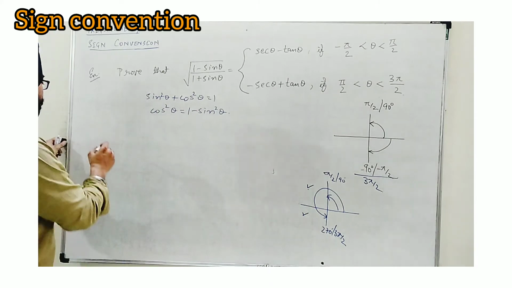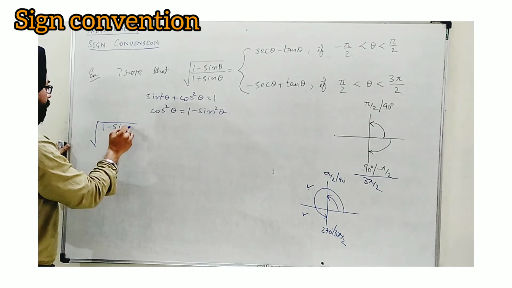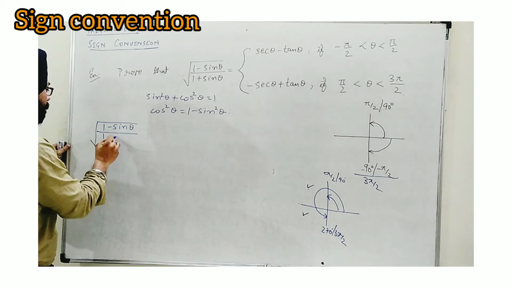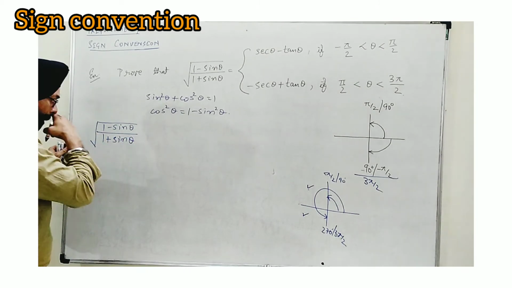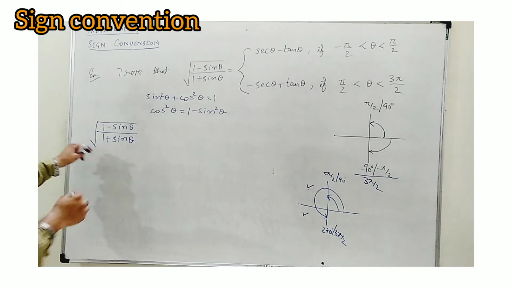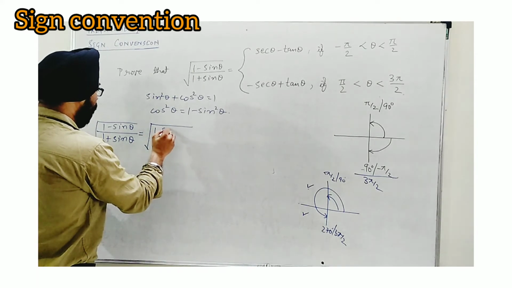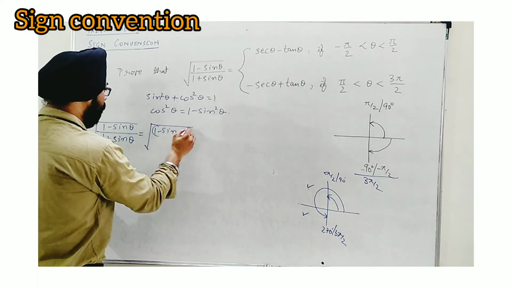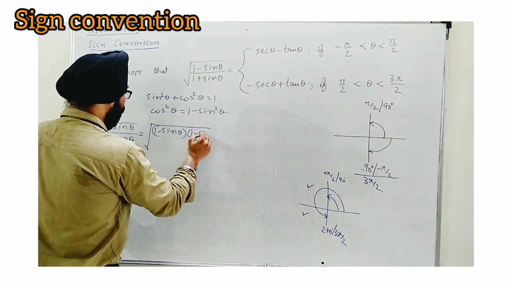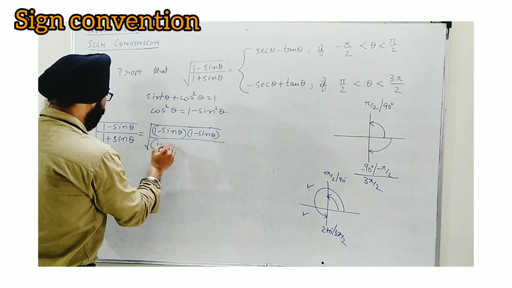Now, we have the expression under root of 1 minus sine theta upon 1 plus sine theta. What do we have to do? Rationalizing the denominator, this can be written by multiplying 1 minus sine theta in numerator and denominator also.